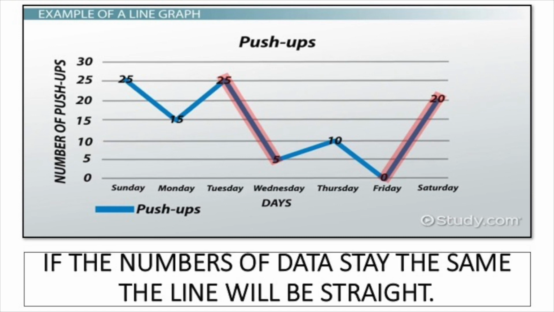If the numbers of data stay the same, the line will be straight. Yes, if it's the same both days or years, the line will just be straight, go straight across. Up for more, down for less, straight for the same.